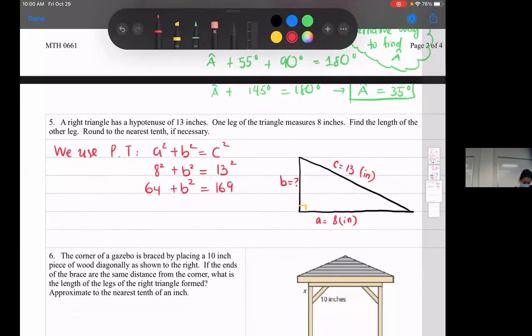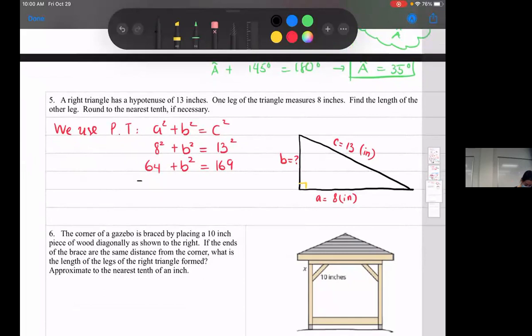Now you solve for B, so you subtract 64 from both sides. So B squared equals 105. How do I solve for B? Yeah, you take the square root. Now, it's not important here, but I have to give you a heads up.